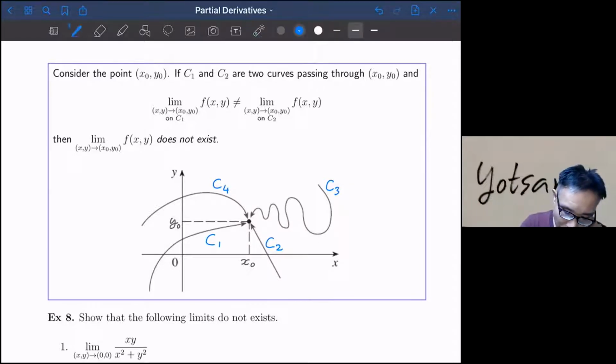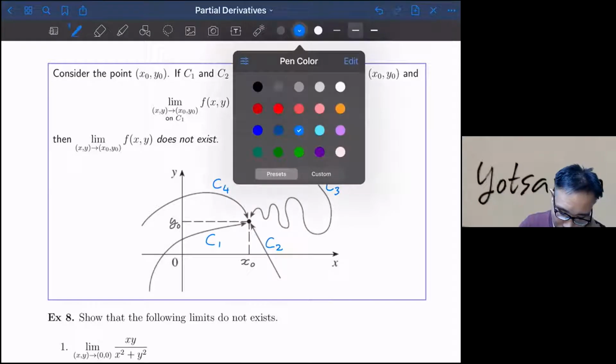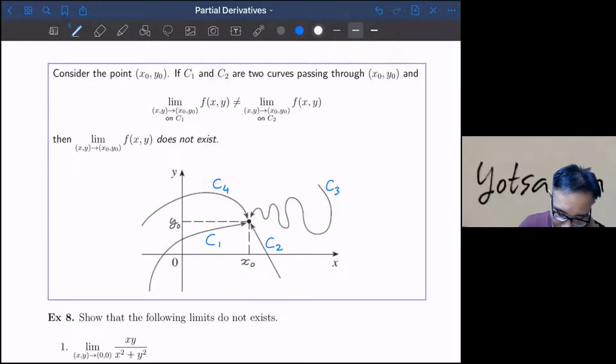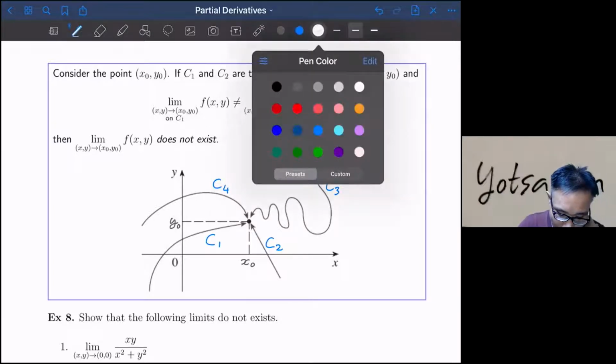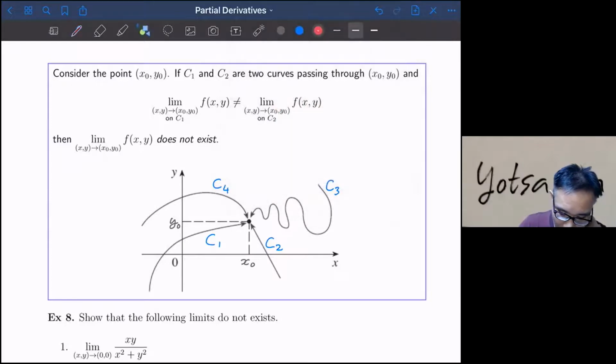If you compare this with calculus 1, the picture turned out to be a real number line, and you have a, and you have x go to a in this direction and in this direction.